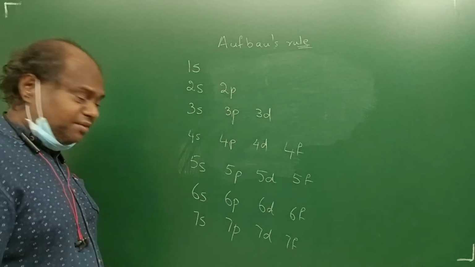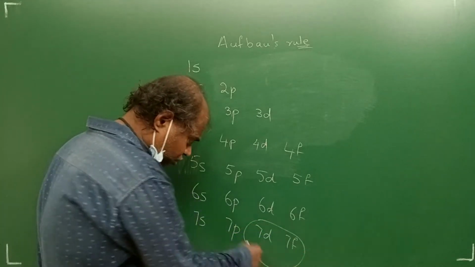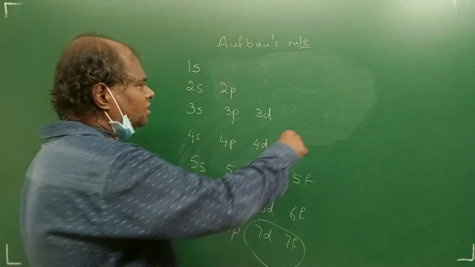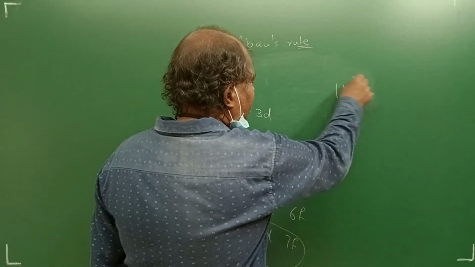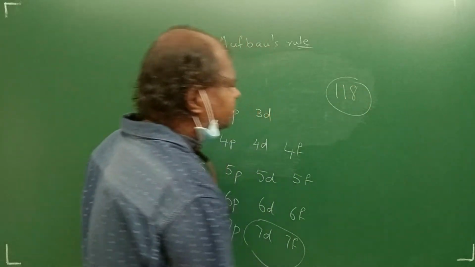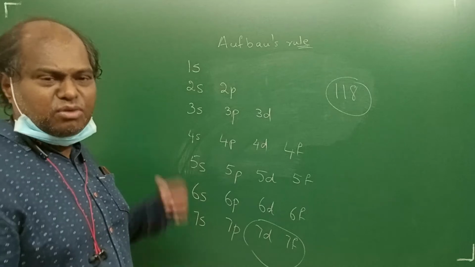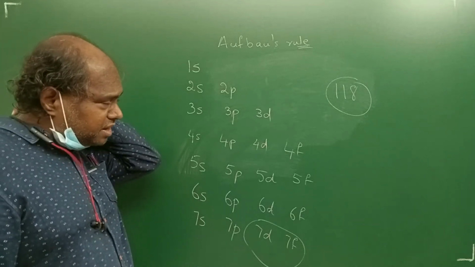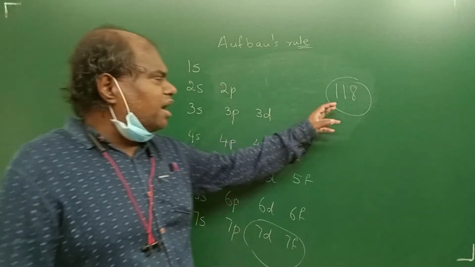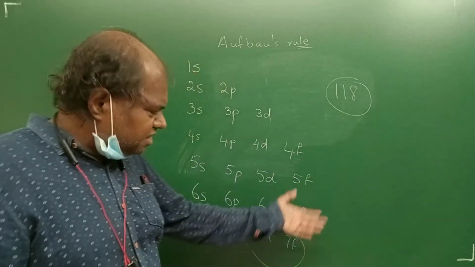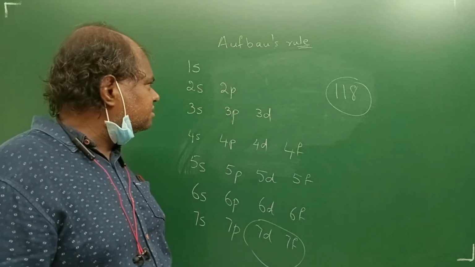Now, students, actually 7d, 7f is not required. Why? Because in nature we still have only 118 elements, which you might have done in the periodic table. So 7d, 7f is not required, right?